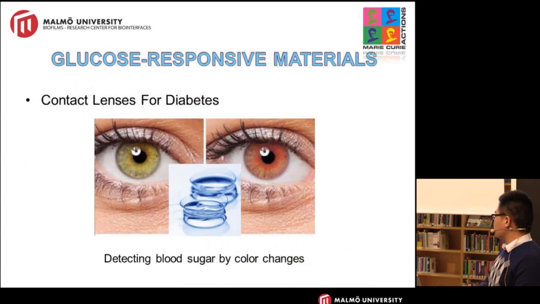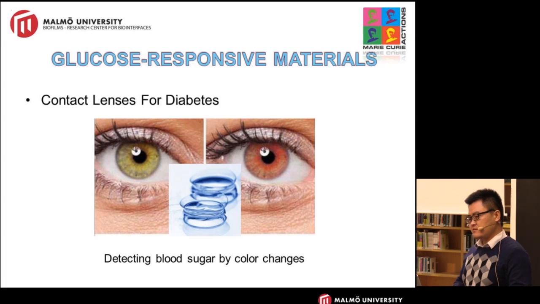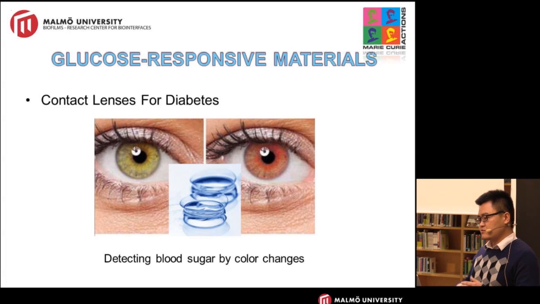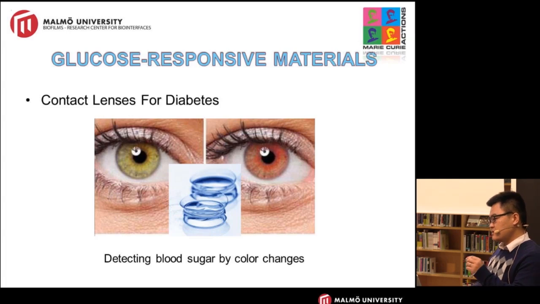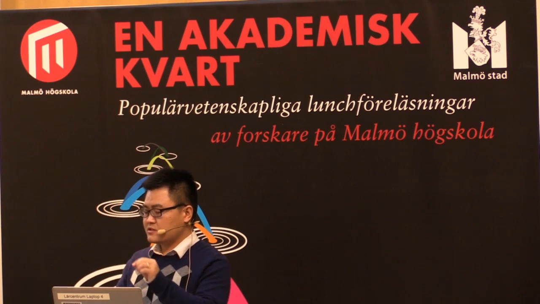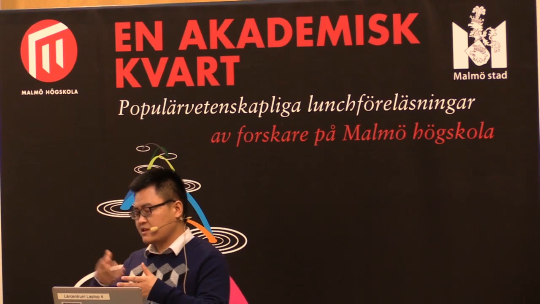Okay, I like these glucose responsive materials. This is really related to biological systems. Glucose responsive materials are also biomaterials that can respond to glucose. They can change their chemical structure depending on the concentration of sugar. So scientists designed a contact lens that can respond to glucose and then show different colors.